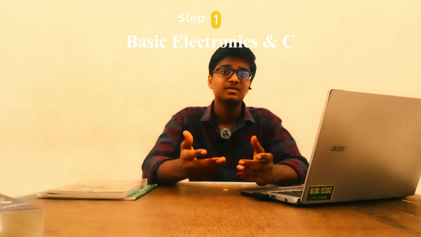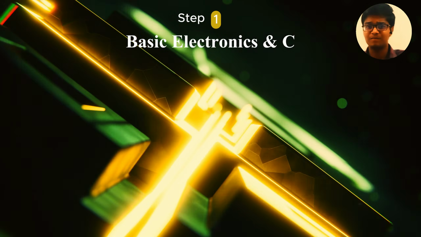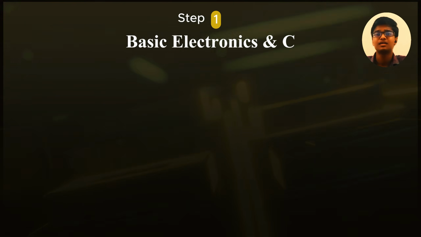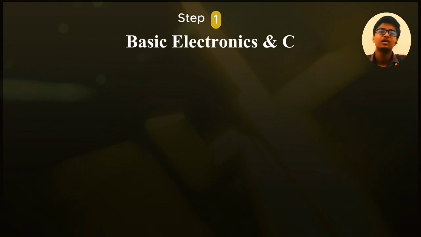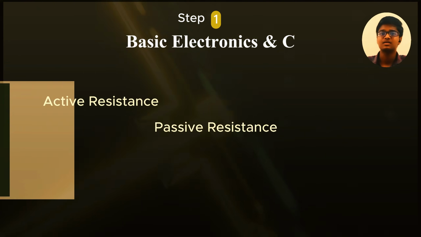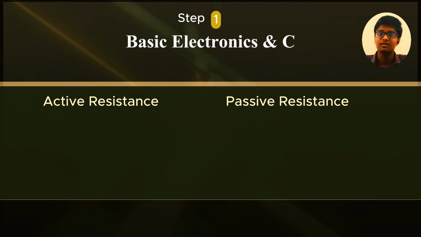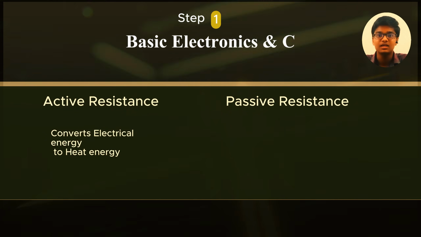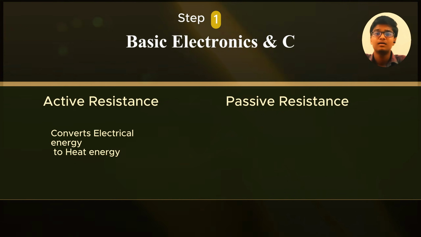What is resistance? Resistance is opposing the flow of electrons, isn't it? There are two types of resistance: active resistance and passive resistance. In active resistance, the element converts electrical energy to heat energy.